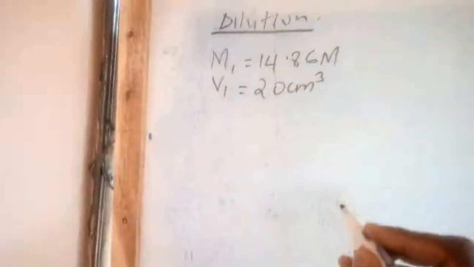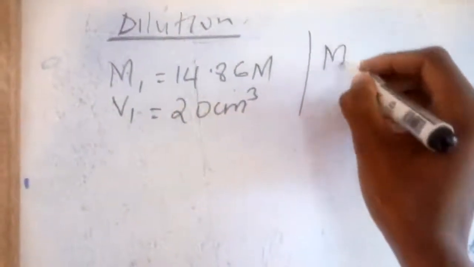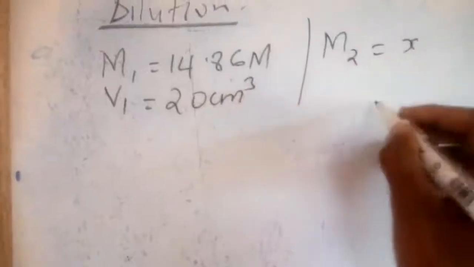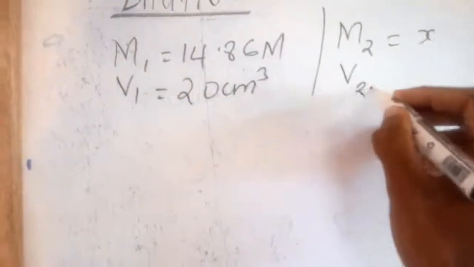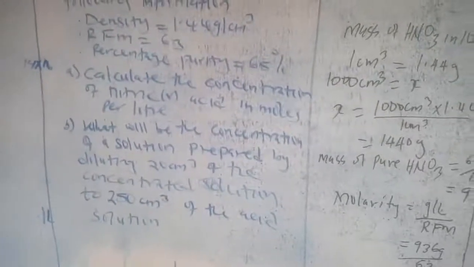After having written that, you are supposed to ask yourself, what about the molarity 2, which is represented by X, and volume 2. As per the question, you are supposed to dilute it up to 250.